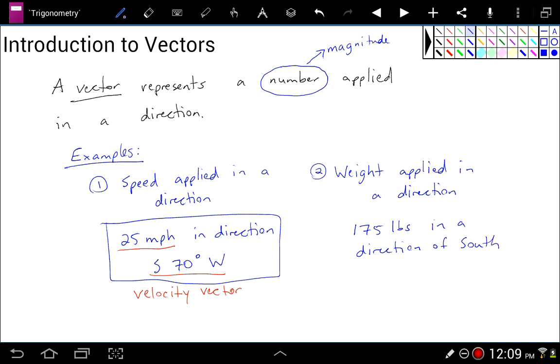So that could be a vector. That is called a force vector. And I believe there are other ways to represent forces besides weight, but in general, this is called a force vector. Okay? So that's a weight applied in a direction. Those are examples of vectors.